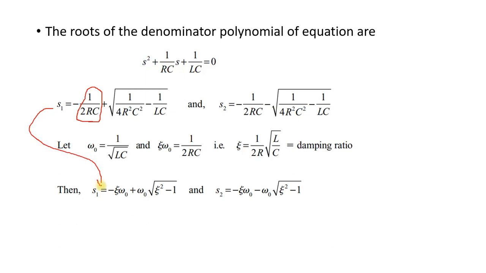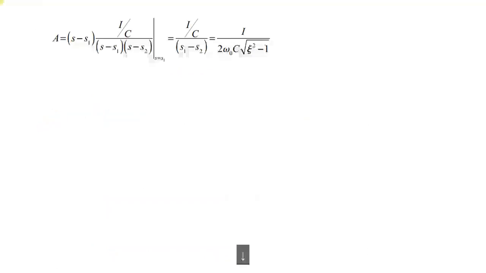It is a simple mathematical simplification, so you can do it on your own. Now you substitute these values s1 and s2 into the voltage equation and take the partial fractions in order to find the values of A and B. Here s is replaced by s1, and similarly s is replaced by s2, to get A and B. If you substitute those values, this is the value of A. s1 minus s2 is nothing but 2 omega naught times the square root of zeta squared minus 1.